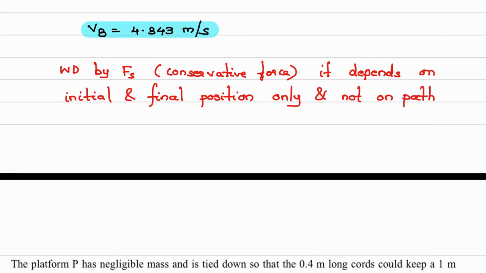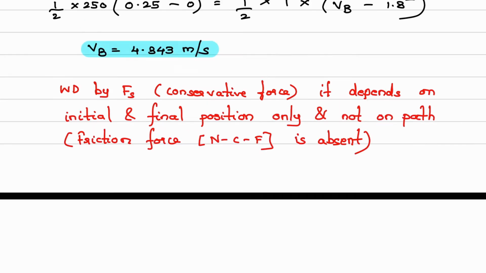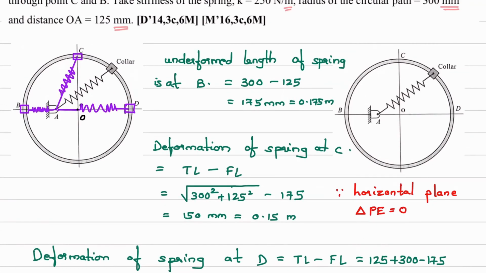Okay, here friction force is not given. In bracket I'll write down friction force, which is non-conservative force, is absent. So this is the reason why we can consider motion from D to B in this way or motion from D to B in this way. It will not matter for this numerical.